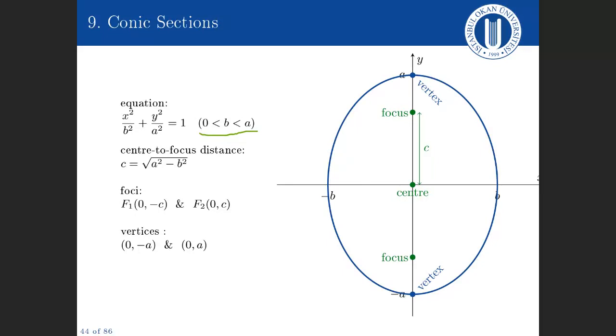So that the center to focus distance stays the same. c is the square root of a squared minus b squared. No change there. The foci, we have one focus at 0, minus c, and we have another focus at 0, c. And the vertices, these are the points where the ellipse intersects its longer axis, are at 0, minus a and at 0, a.